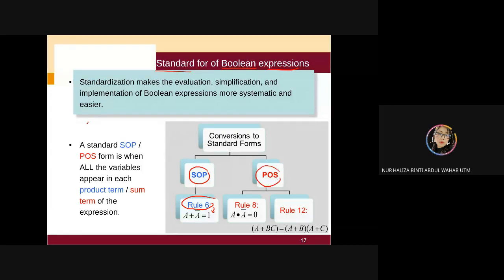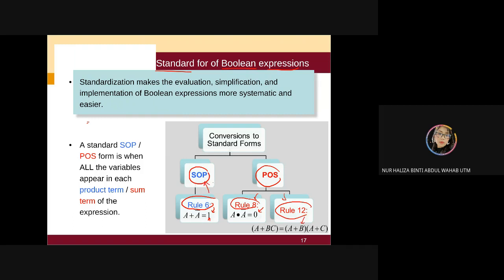For POS, you need to remember there are 2 rules, rule number 8 and rule number 12. You need to apply these 2 rules to get the standard version of your Boolean expression.